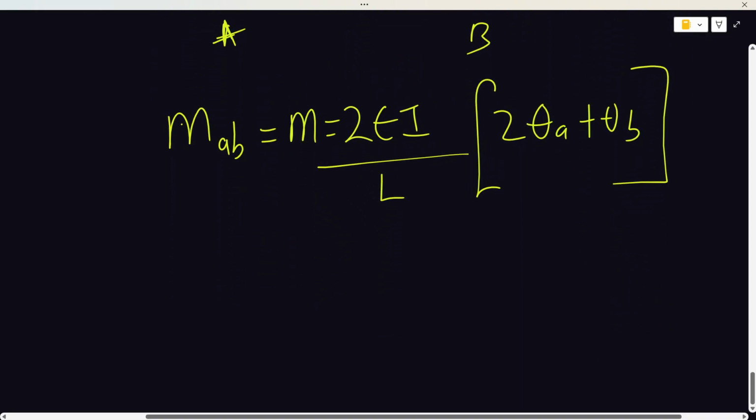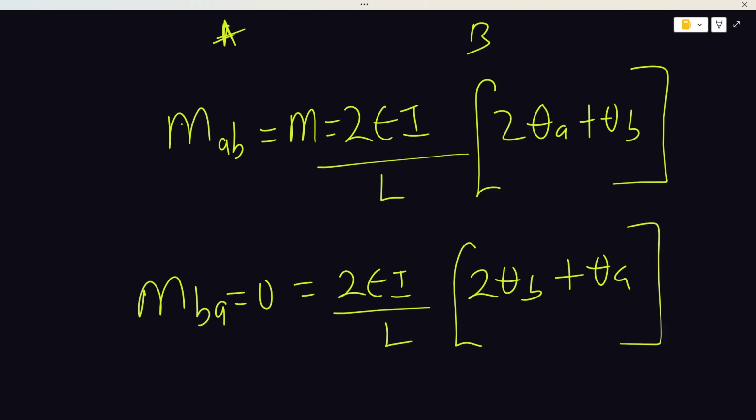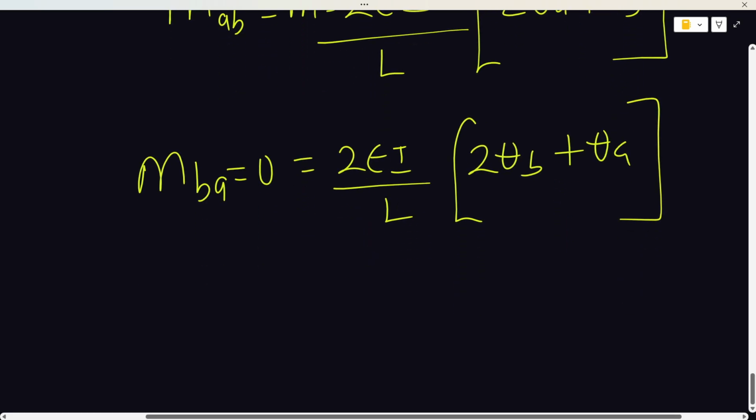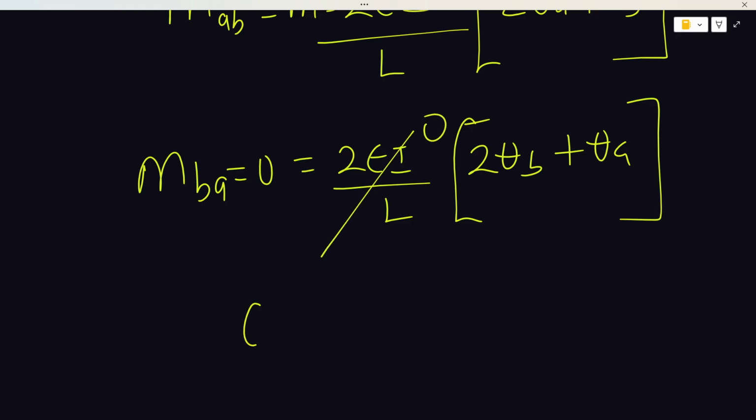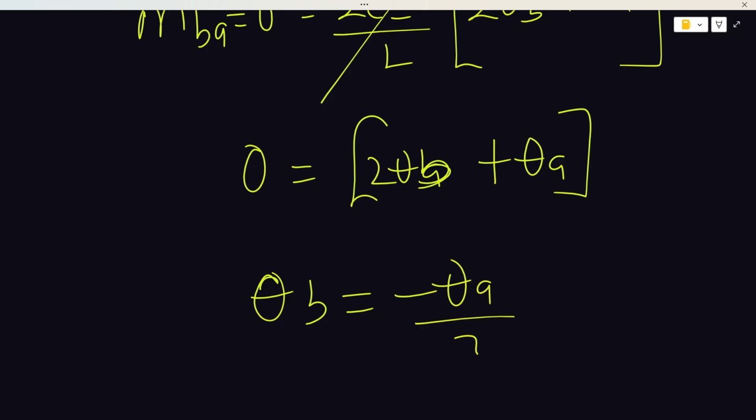And now we can see that MBA is equal to 0, is equal to 2EI over L times 2 theta B plus theta A. So if this is equal to 0, then of course our rotations cannot be 0. It will have to be this factor that will be 0. So 0 is equal to 2 theta B plus theta A. It means that theta B is equal to minus theta A over 2.